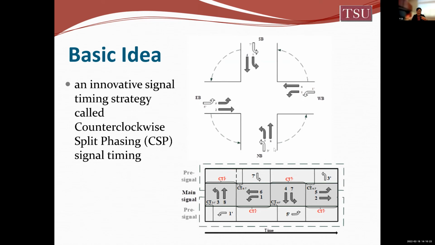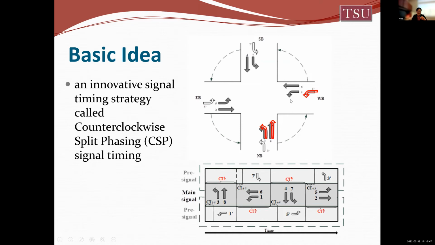For example, first we let the north traffic move. When we give the green light to the northbound traffic, to the southbound traffic, we let the westbound pre-signal lights turn green. Okay, so in this way, the westbound left turn can enter the Contraflow left turn lane.